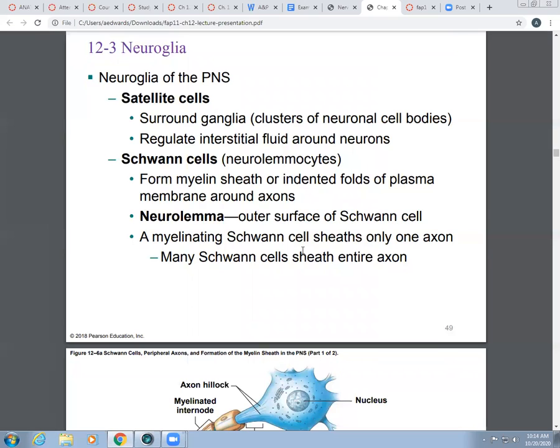All right, so the satellite cells regulate the fluid around the neuron. Okay, they surround clusters of cell bodies called a ganglia. Okay, the Schwann cells form the myelin sheath around the axon.